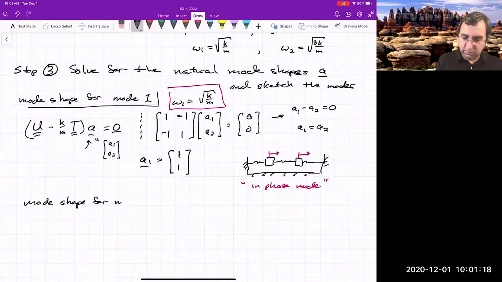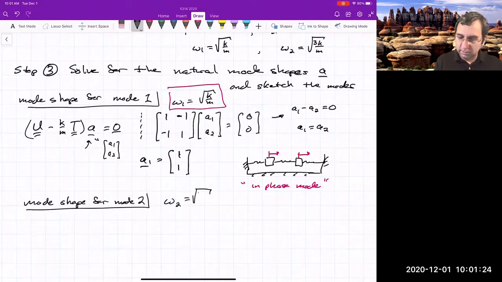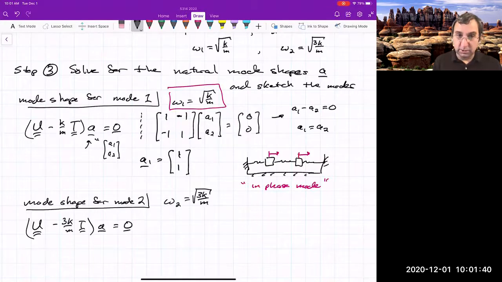Mode shape for what we've called mode 2. This was that one, so the matrix with 3k over m, times A, equals 0.